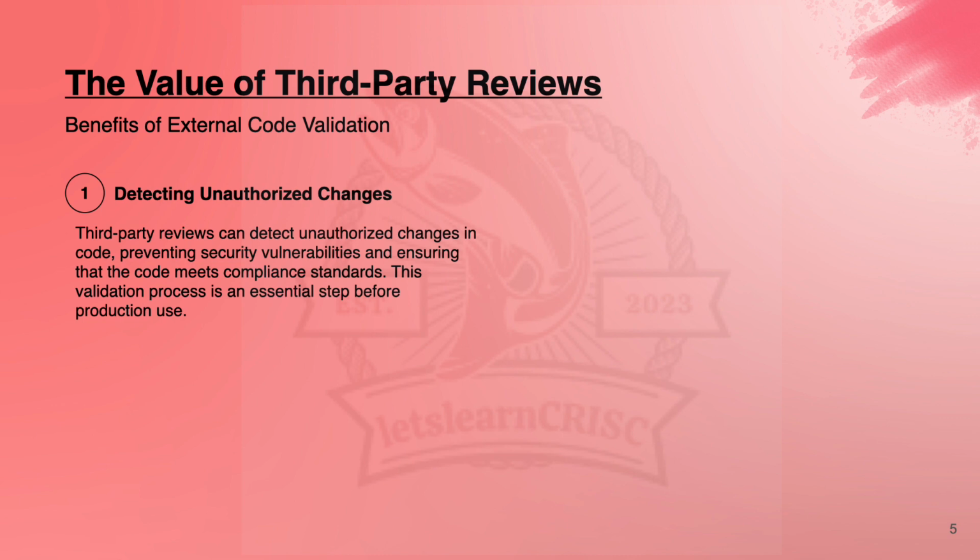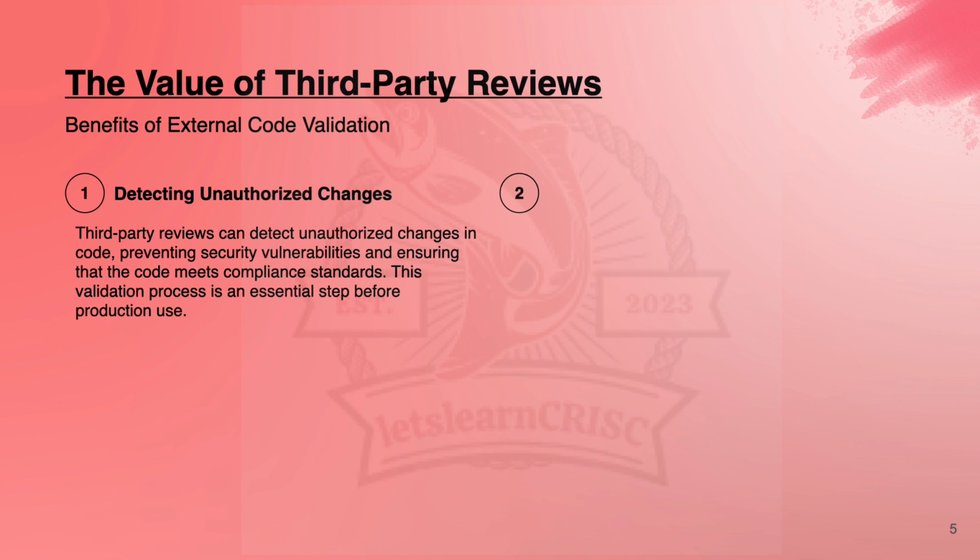For example, an independent security expert or a team from a different department may conduct a third party review of the code. Detecting unauthorized changes in the code means that the third party review helps to identify any modifications to the code that were not authorized or intended.